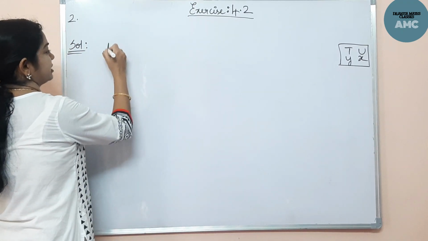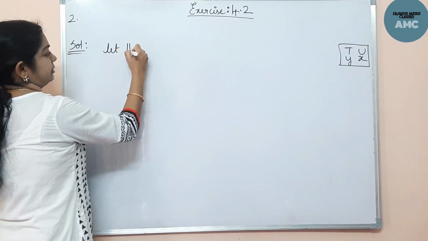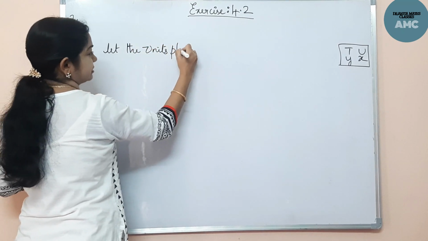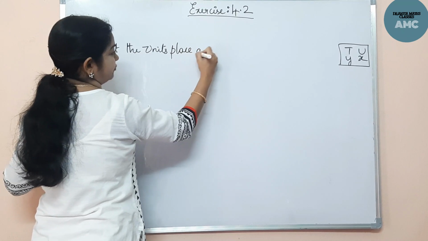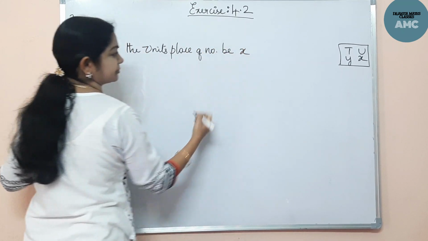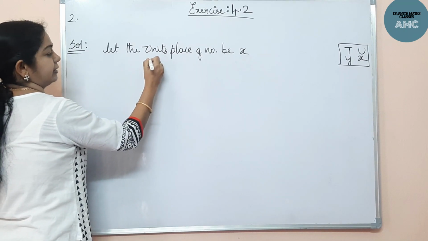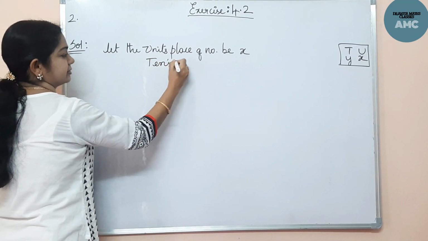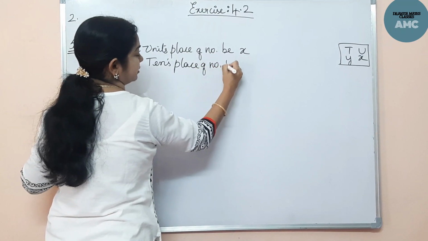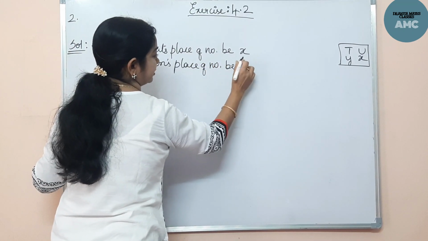Now we will suppose them. Let the units place of number be x and the tens place of number be y. Okay.